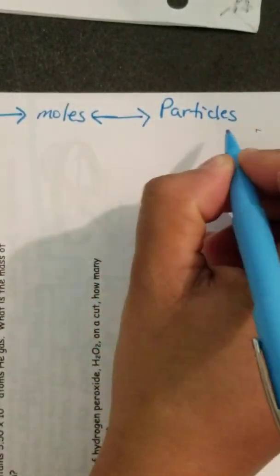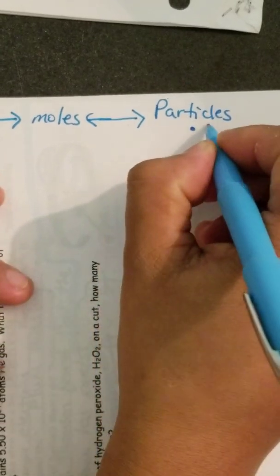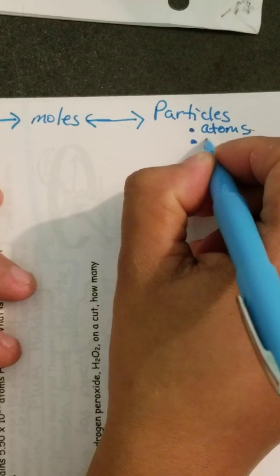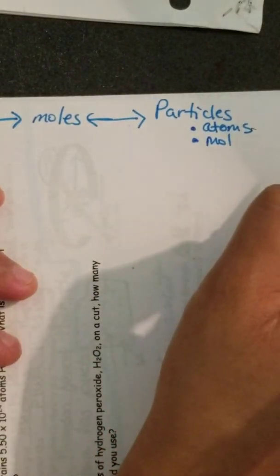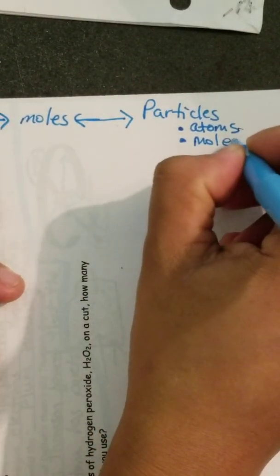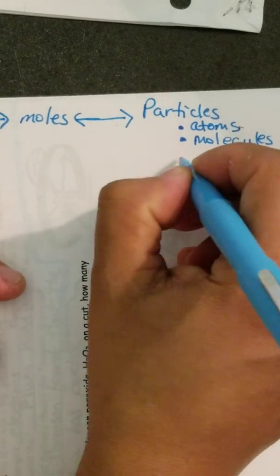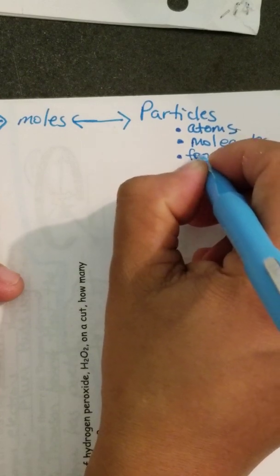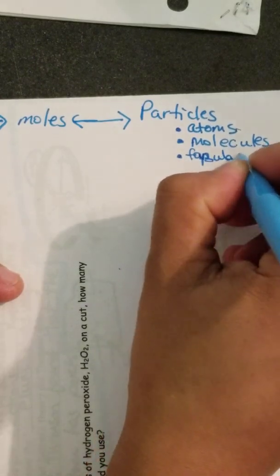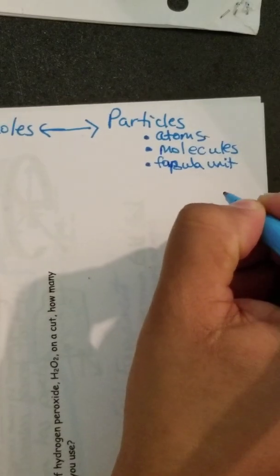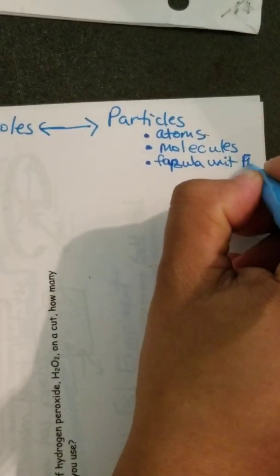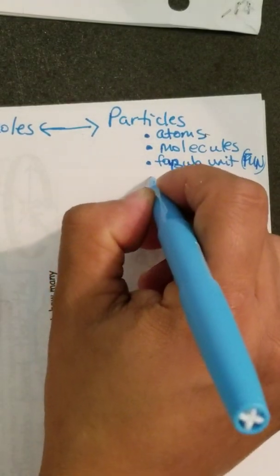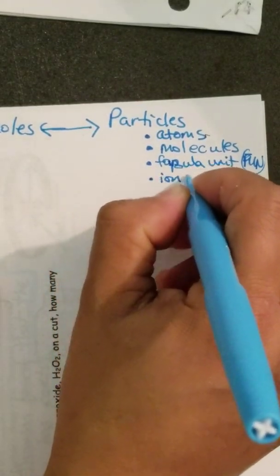And particles can either be atoms, molecules, remember, a molecule is a nonmetal bonded with a nonmetal, or what we call a formula unit, and the abbreviation for formula unit is FU, or what we call ions.